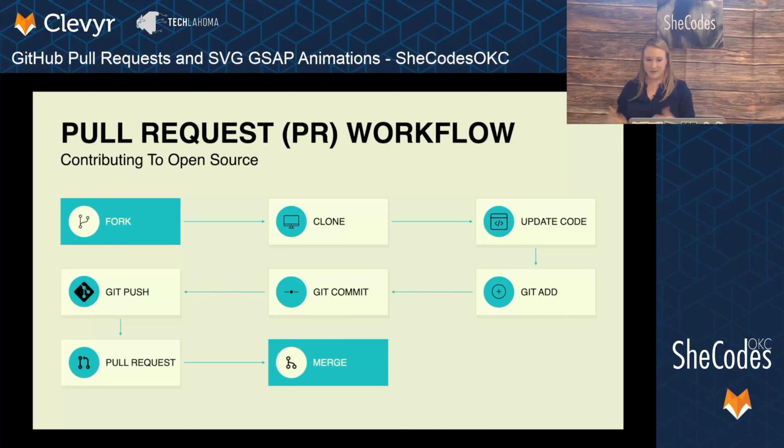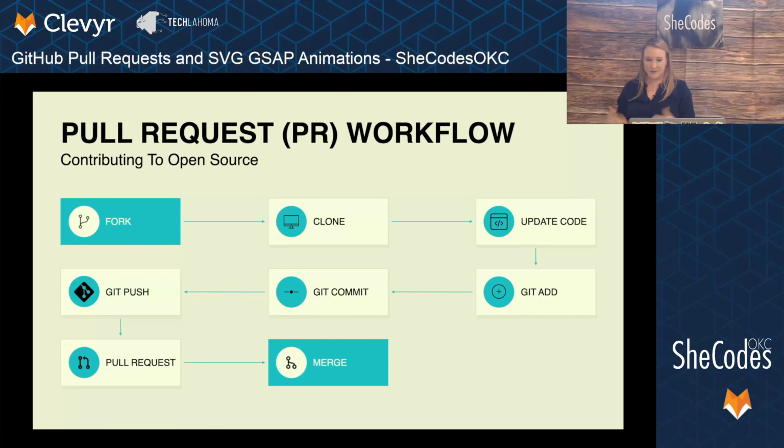I am going to take the code from that owner's GitHub, and I'm going to fork it over to my own GitHub account. So it's a copy, but it's now in my own GitHub so that I can make changes and it's not going to affect the owner's code. It's just on my account, right?